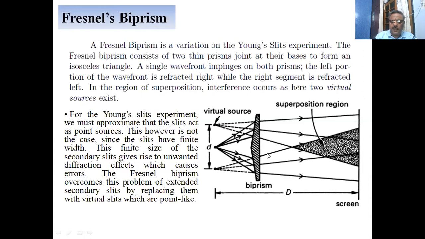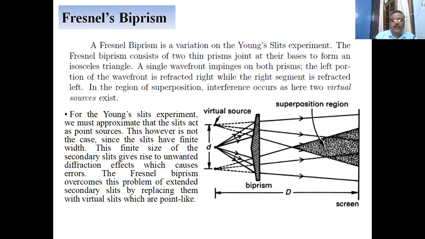If we produce these rays backward, these rays converge at a point. Similarly, these rays converge at this point. So, accordingly, these are the two virtual sources that are created. Now, the purpose of creating this biprism was that in the Young's double slit experiment, we approximated a slit as a point source.